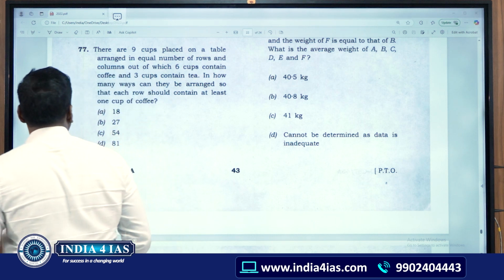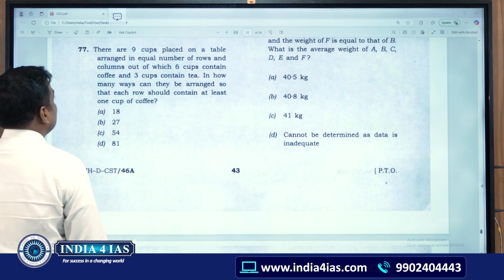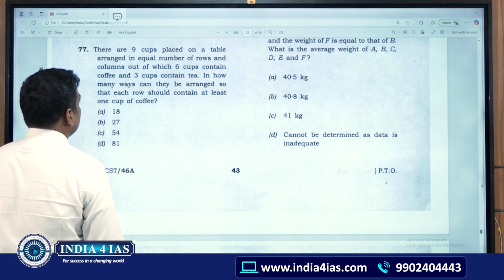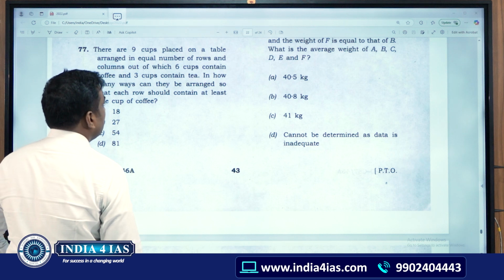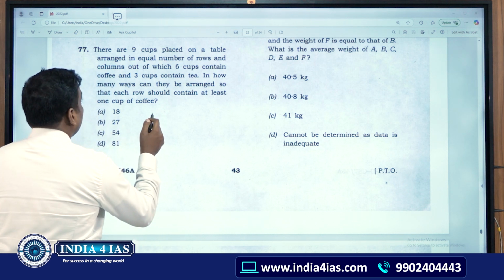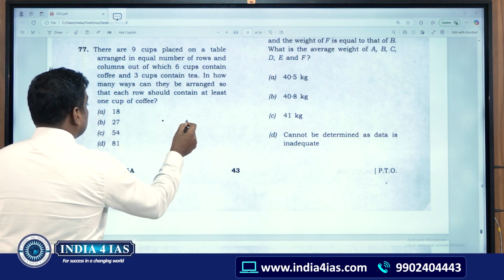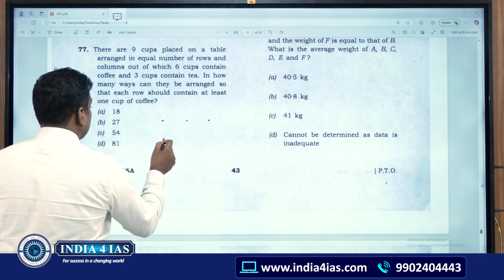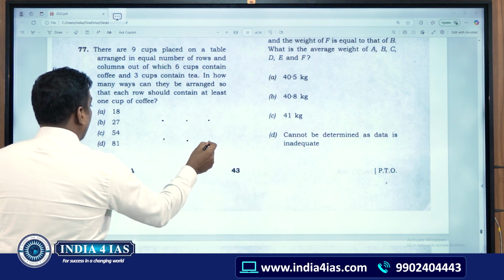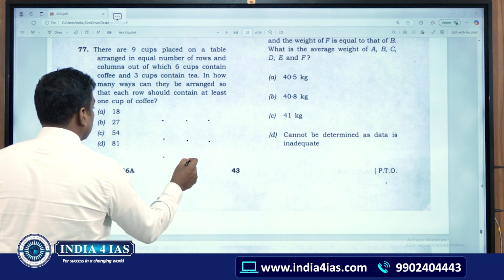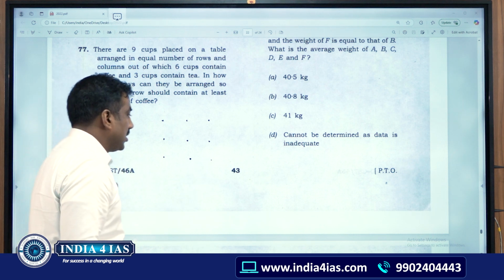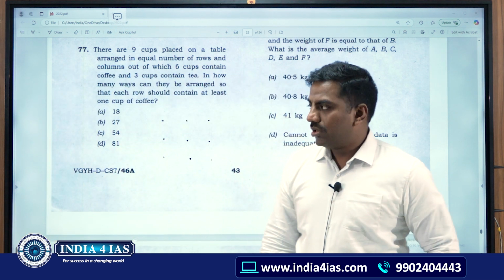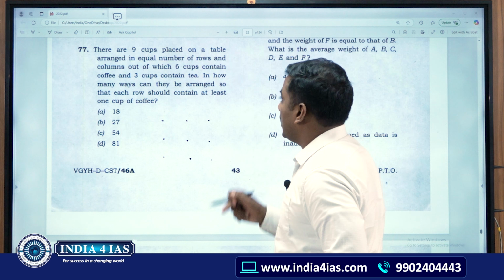Next. There are 9 cups placed on the table arranged in an equal number of rows and equal number of columns. So there are 9 cups, equal rows and columns, which is nothing but 3 in the rows and 3 in the columns, so 3 into 3.